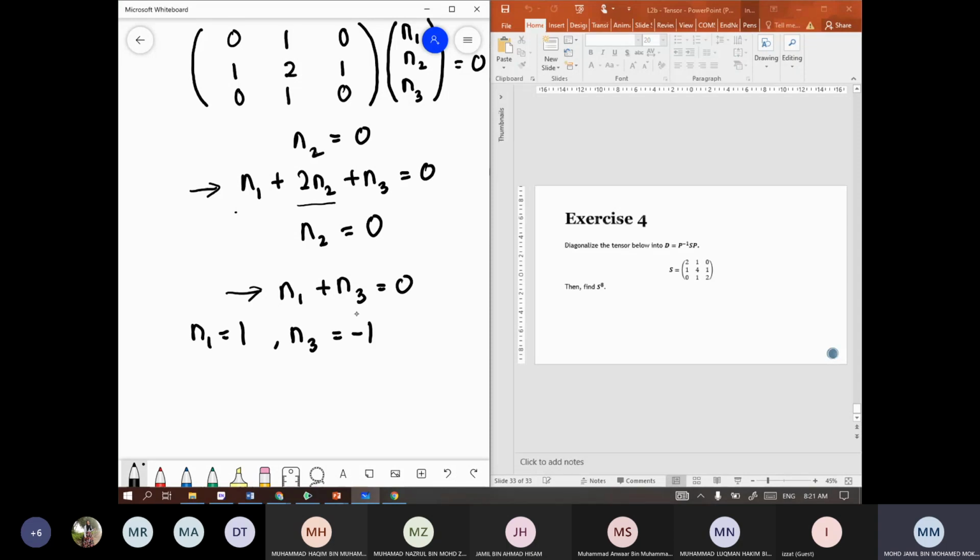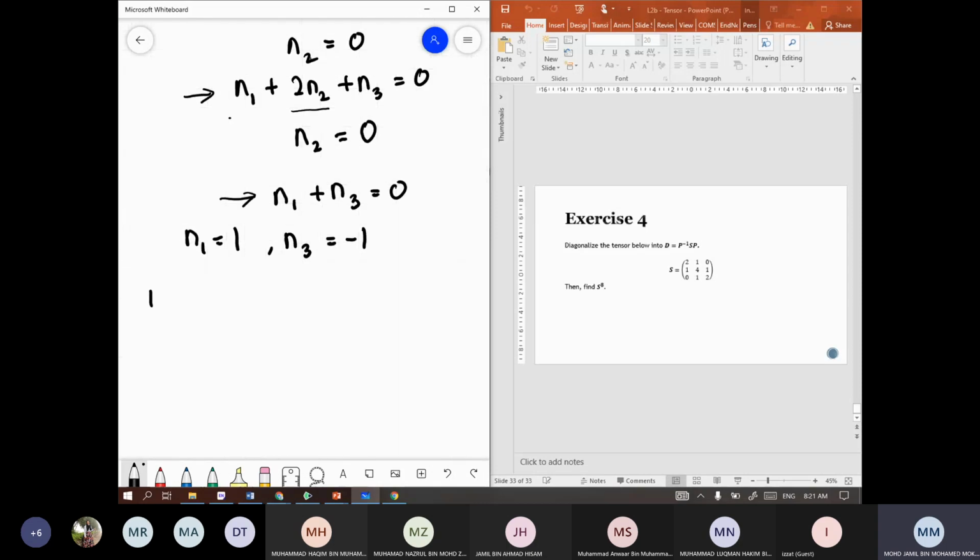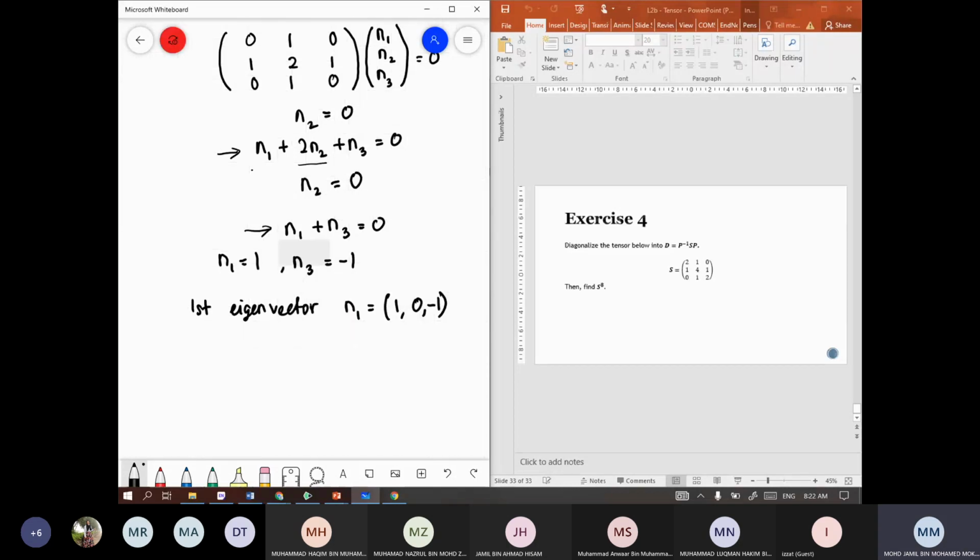So the first eigenvector is 1, 0, minus 1. Okay, so this is the first eigenvector.